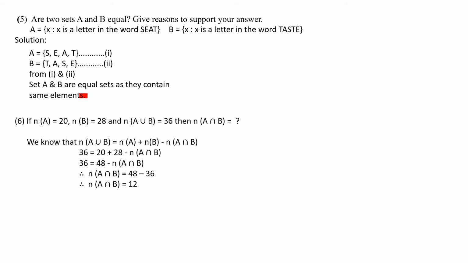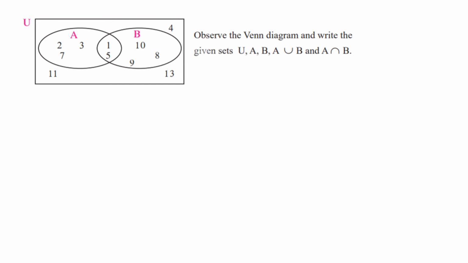Okay, we'll move to our next, the seventh question. Now students, the seventh one is based on a Venn diagram. You can see the Venn diagram. Now you have to observe this Venn diagram and find the answers for the given sets. What you have to find: the universal set, set A, the elements of set B, the elements of A union B and A intersection B. Now the universal set means the rectangle.